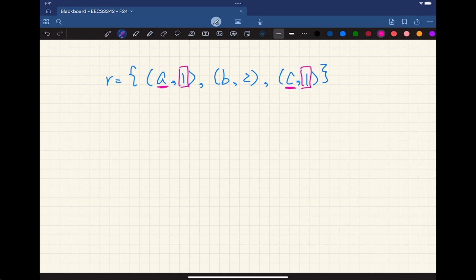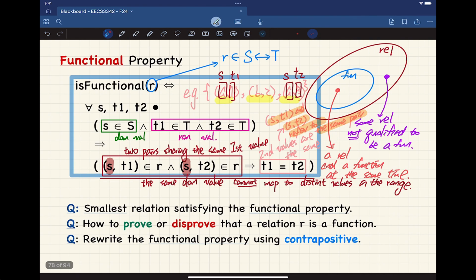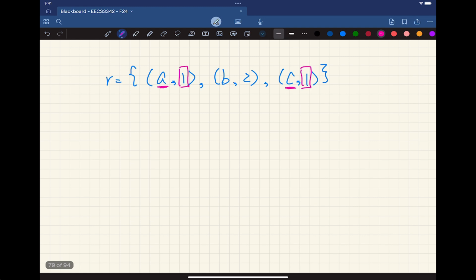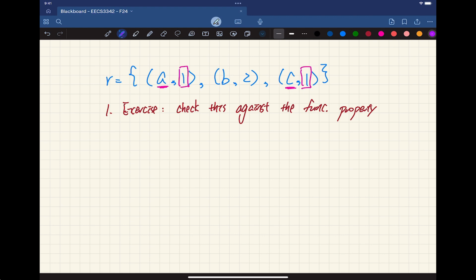This one here, you can definitely check. That's something I can do maybe quickly next time. Check this against the functional property. And you should really get the conclusion that it is satisfying.